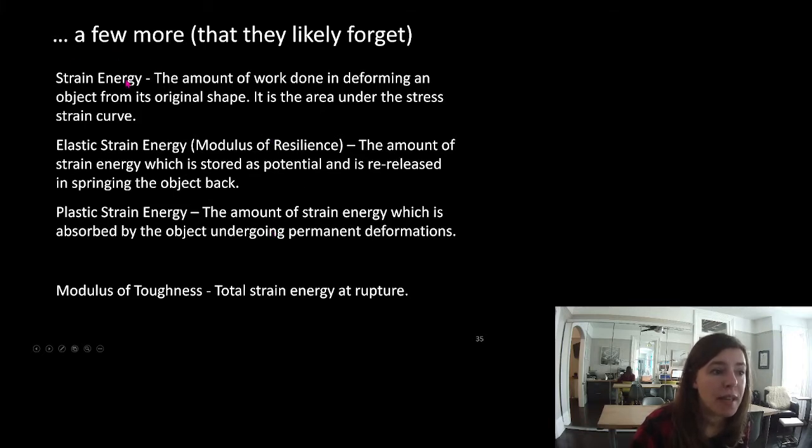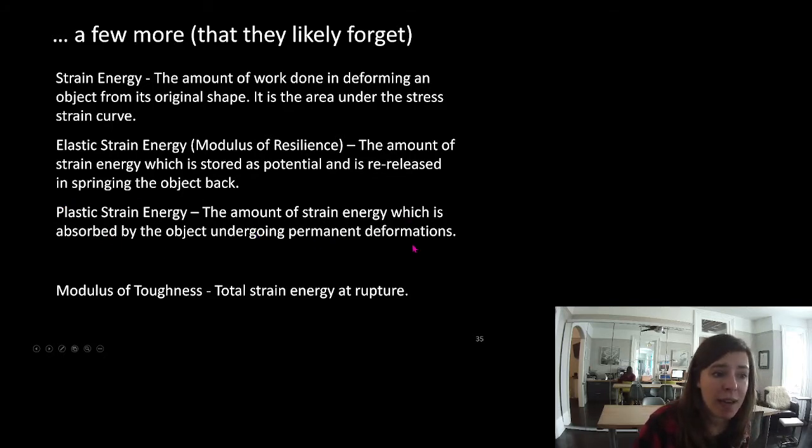We have a few more. Strain energy, the amount of work done in deforming an object from its original shape. That's the area under the stress-strain curve. The elastic strain energy, or the modulus of resilience, is the amount of strain energy which is stored as potential energy and is re-released on springing back to the object's original shape. Plastic strain energy is the amount of strain energy which is absorbed by an object undergoing permanent deformation.